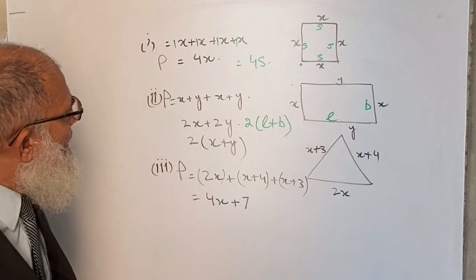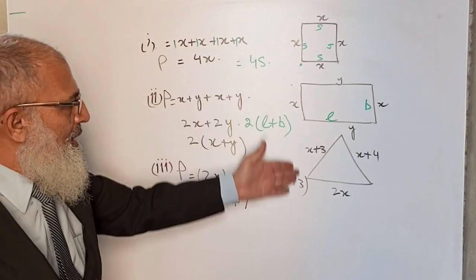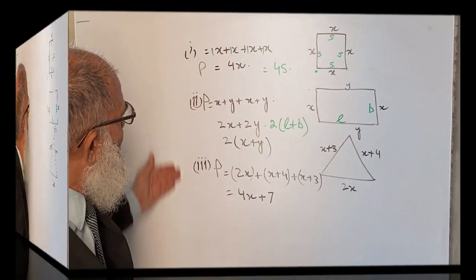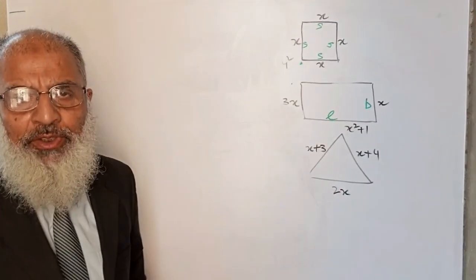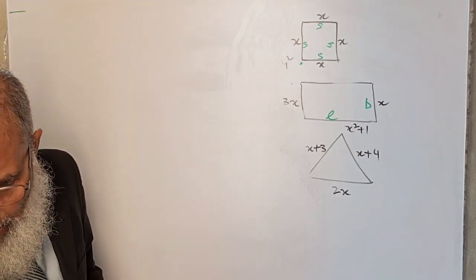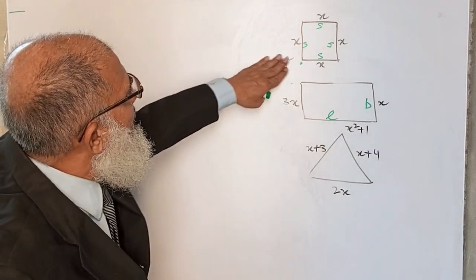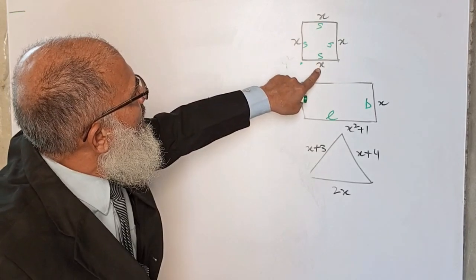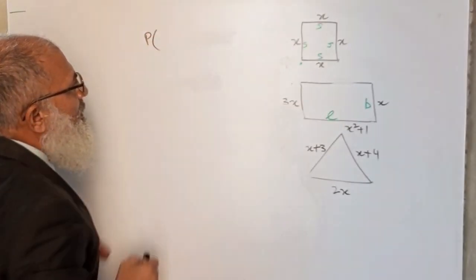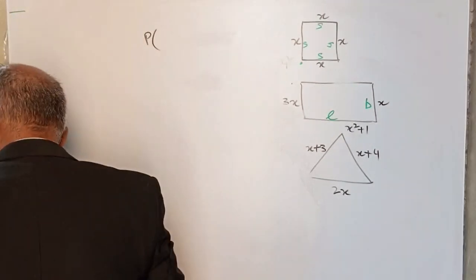Now this was the first part of the example. Now dear students, the second part of the same example. The perimeter was, what was the perimeter?